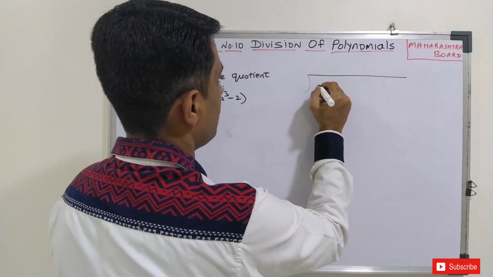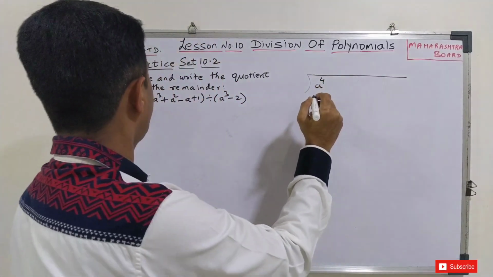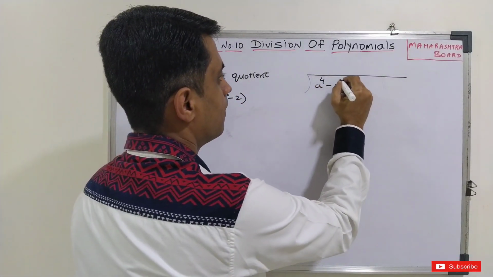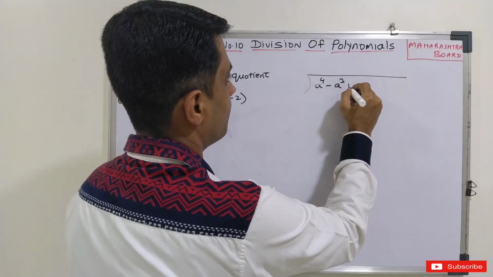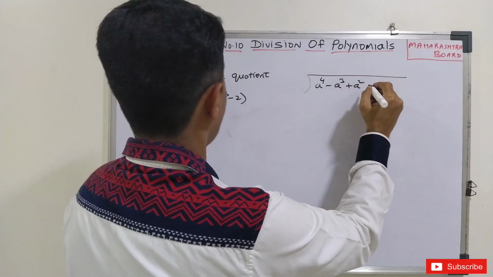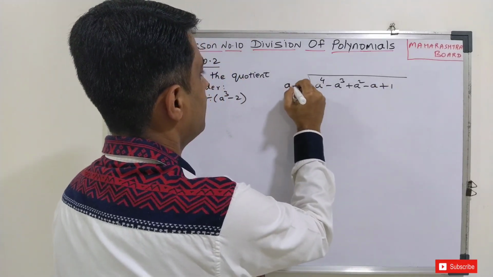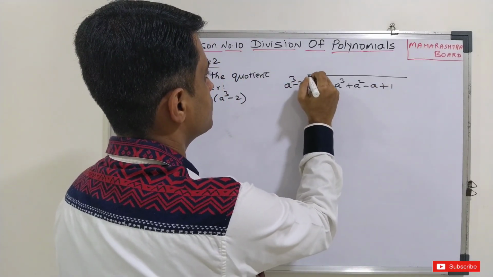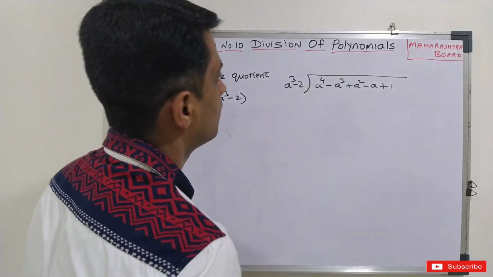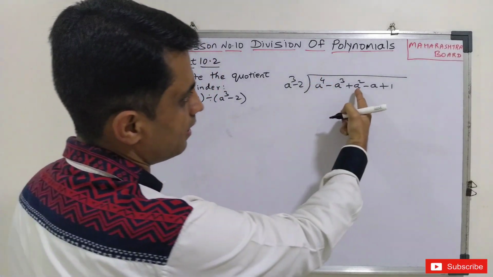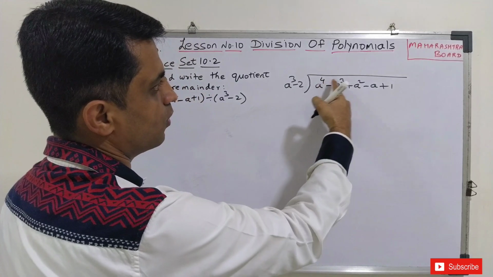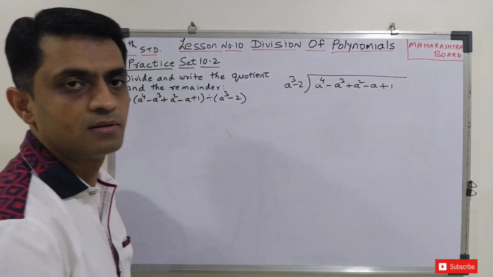Now here let us start in a descending order: a raised to 4 minus a cube plus a square minus a plus 1, and here a cube minus 2. Now first step, all are in descending order, yes. 4, 3, 2, 1, constant.